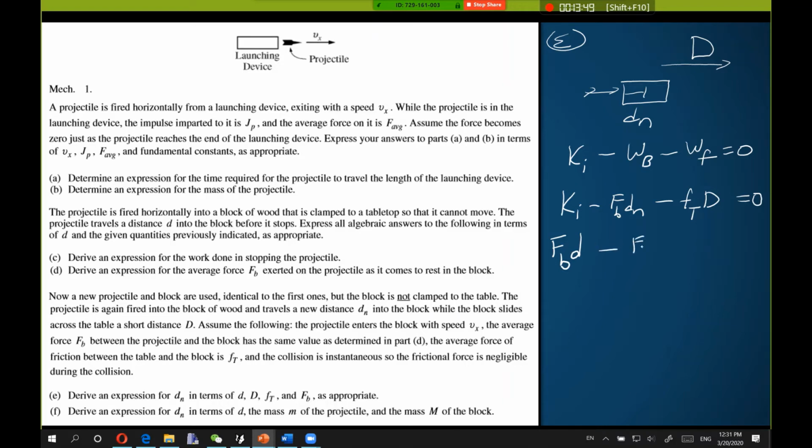Okay, minus the force of the block if we are moving, minus the force of friction on the table. So then we could solve for FBDN.